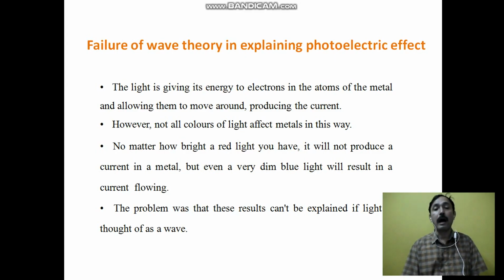No matter how bright a red light wave you have, it will not produce a current in a metal, but even a very dim blue light will result in a current flowing. The problem was that these results can't be explained if light is thought of as a wave.